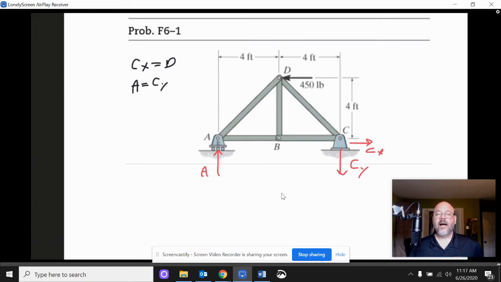Now, you guys have enough experience that what I've just done is I summed the horizontal forces equal to 0, and I summed the vertical forces equal to 0. So what's my other option? Moments. So I need to look at the moments.